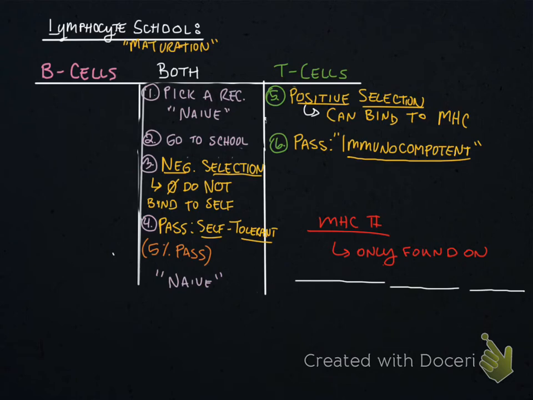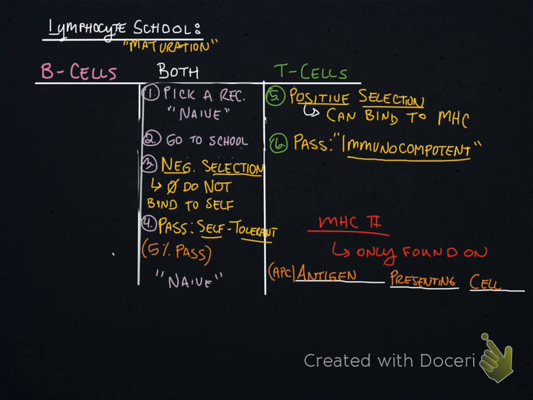So we'll learn that some of these cells need to bind to MHC2 molecules to become activated. Some need to bind to MHC1 to actually carry out their function. MHC2 molecules are only found on what's called an antigen presenting cell, or an APC.